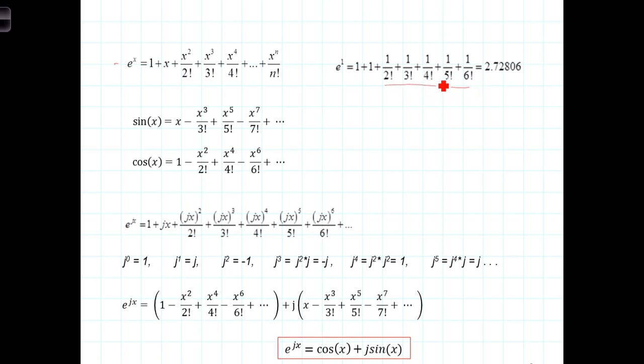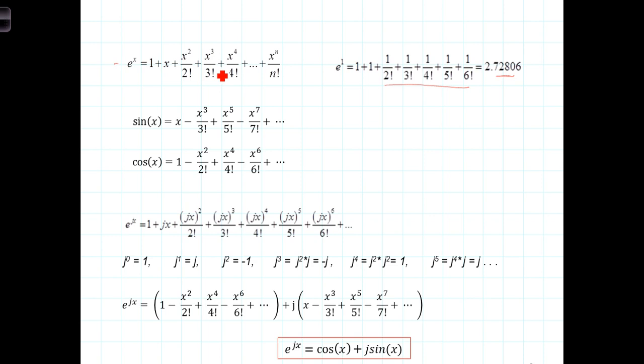In just the first 5 or 6 terms, it's already approached the value of e to 2 or 3 decimal places. So hopefully that gives us a comfort level that this is in fact a legitimate expression for e to the x.